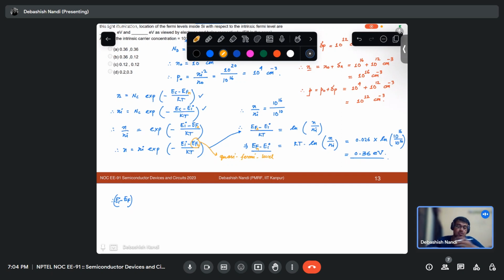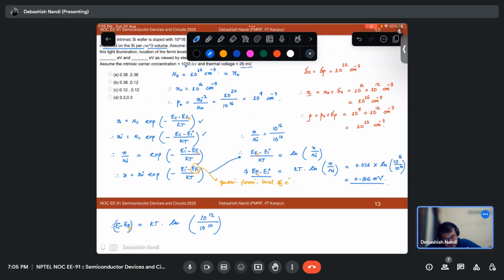That means it is not in equilibrium. This is the quasi-Fermi level of electrons. Similarly, for holes, EI minus EFP you can simply compute as KT ln of 10 to the power 12 over 10 to the power 10.